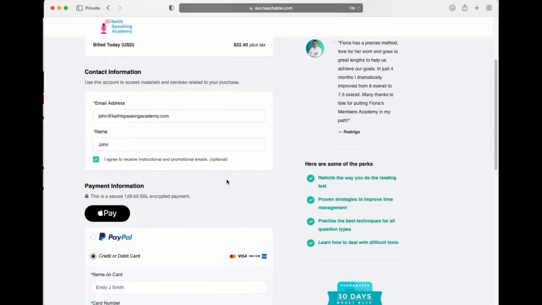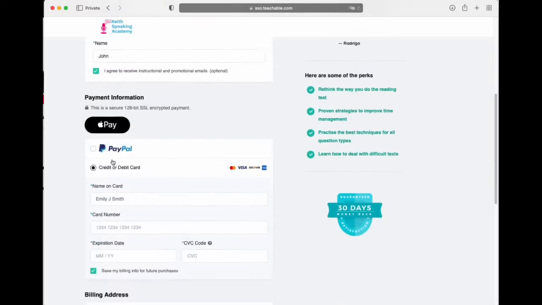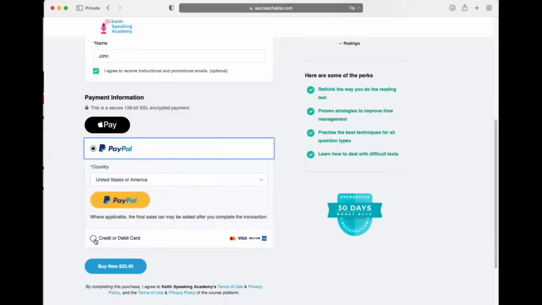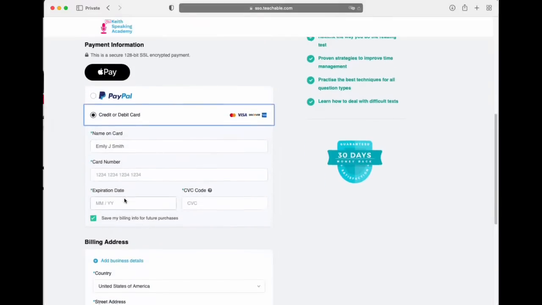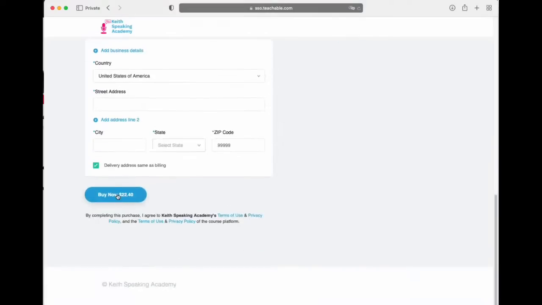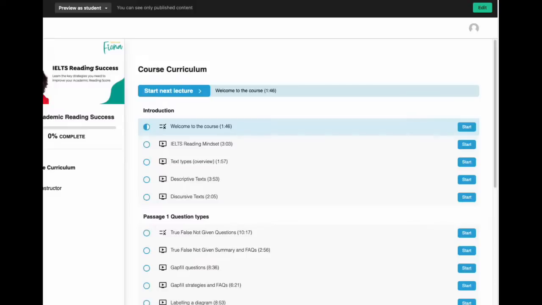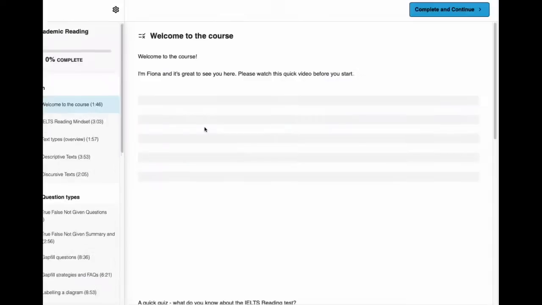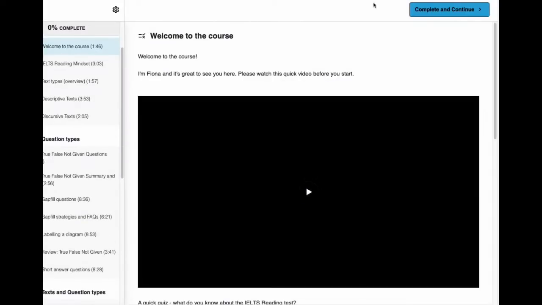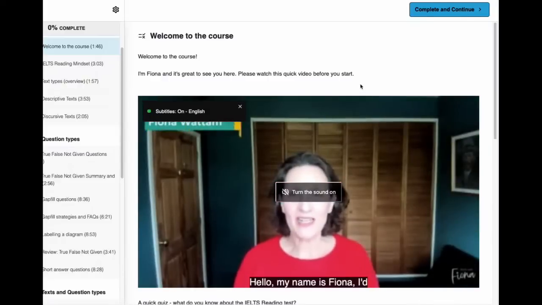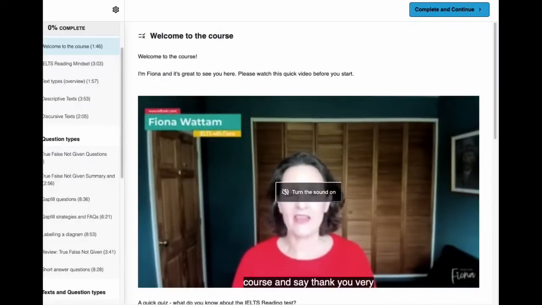It's just giving you lots more information and resources. You can pay with either PayPal or a credit card, enter your information, then go straight down, and you will buy. That will take you straight into the course curriculum, where you can start studying straight away. You'll get into the first bit of information, and you're in. And that's it, basically. Great.